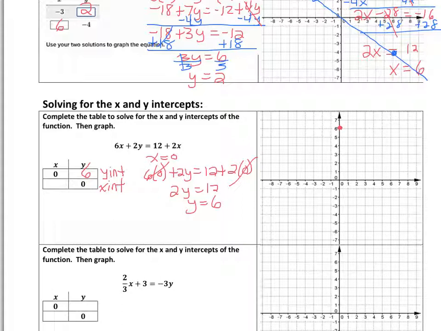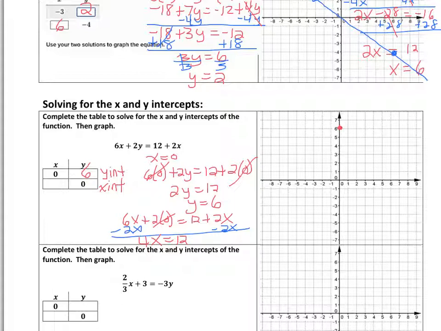Likewise, I'm now going to replace the y with 0 and solve for x. So 6x plus 2y, that's 0, equals 12, plus 2x. So this goes away. I'm going to subtract 2x from both sides. And I have 4x equals 12.